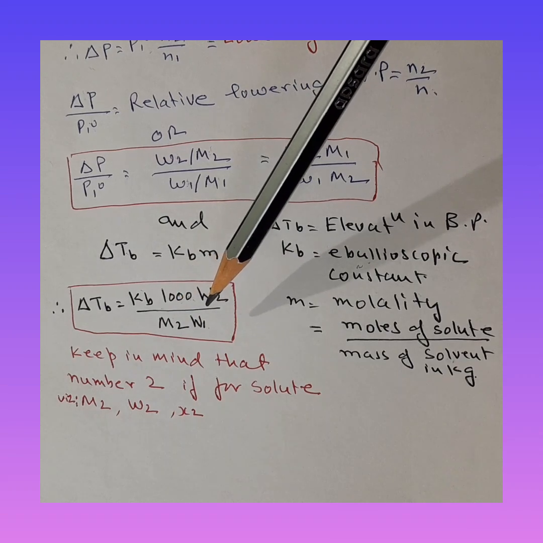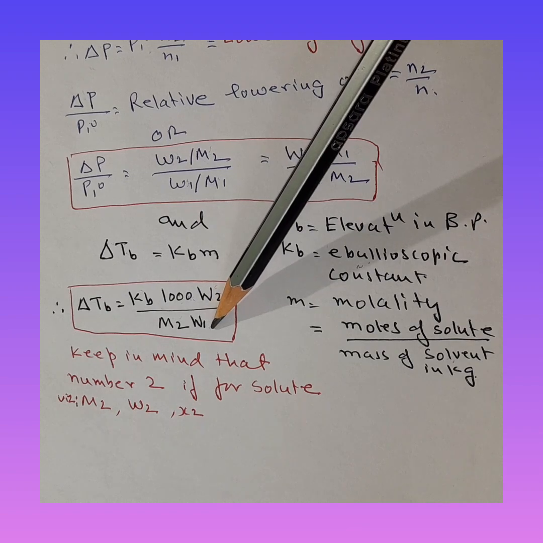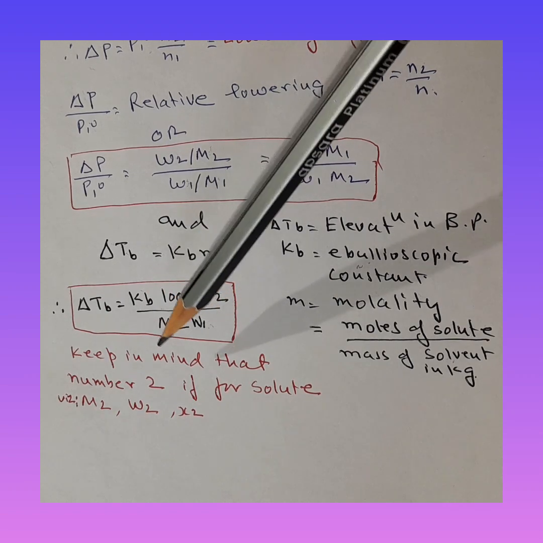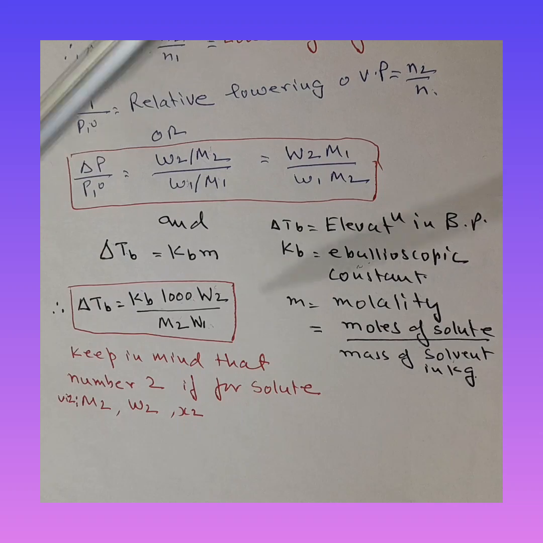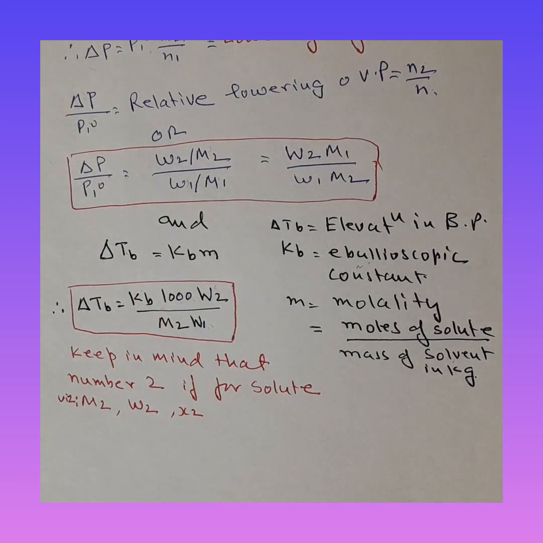I already mentioned that 2 represents solute and 1 represents solvent. Keep in mind that number 2 is for solute, with M2, W2, X2 all being solute. Always keep this in mind so that there's least confusion between the numbers. That's about vapor pressure, boiling point elevation, lowering of vapor pressure and relative lowering of vapor pressure.